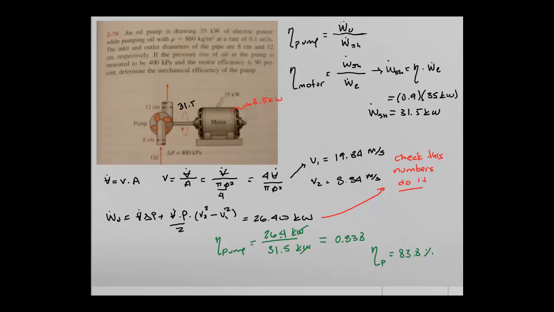What this means is that, as in this diagram, we receive 35 kilowatts of electricity from the company.